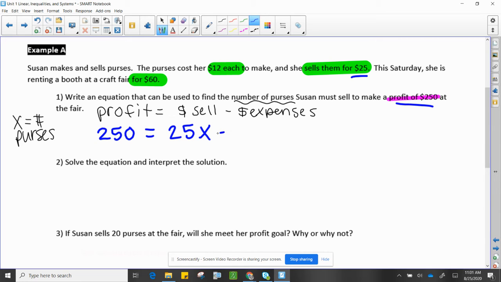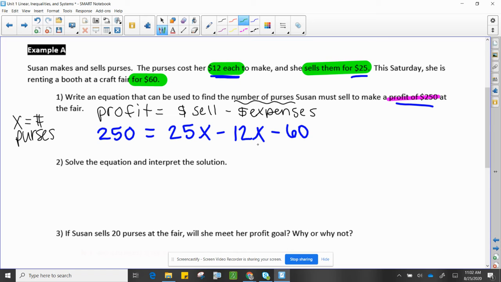And then I'm going to subtract away all my expenses. It costs her, probably materials and everything, $12 a purse. And then we also have to take away the expense of the booth. So we have the money it costs to make the purse and our expenses for the booth. Subtract that from how much we're selling it for. That should give us our profit.